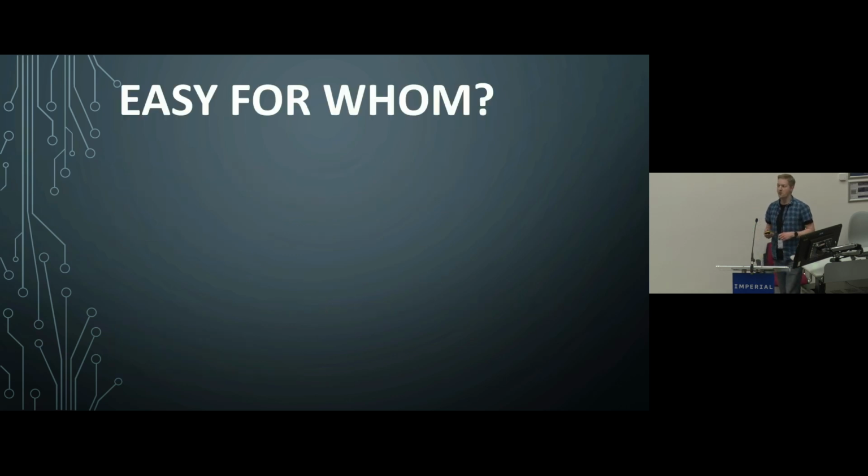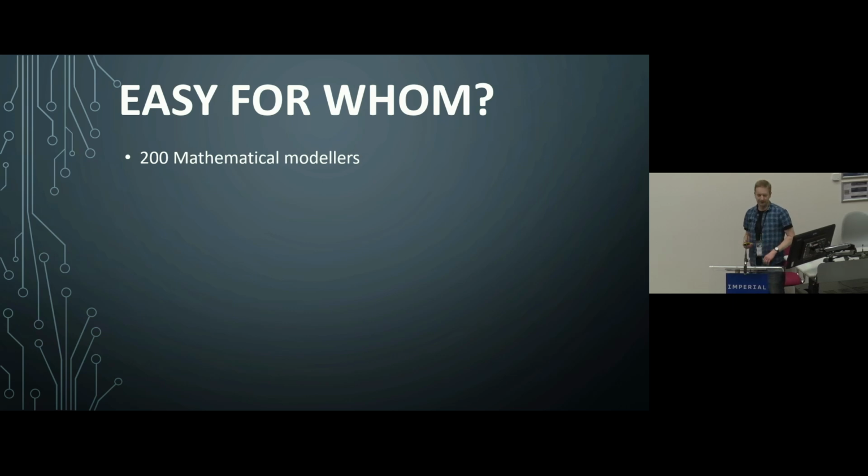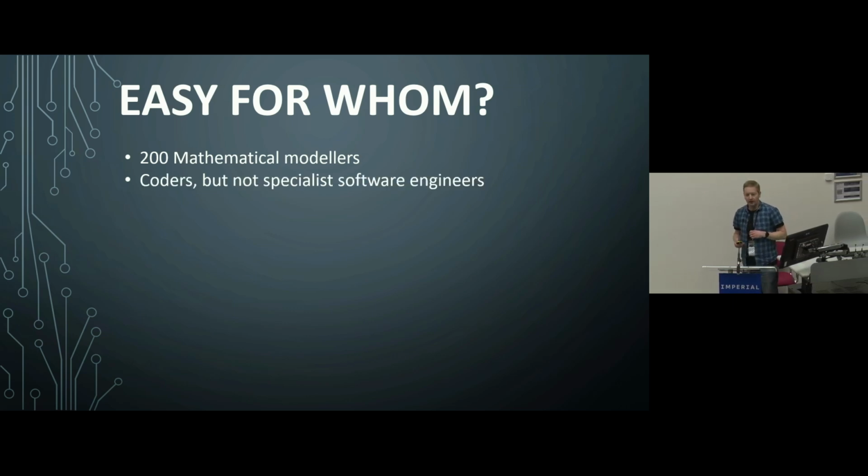So easy for whom? 200 mathematical modelers in the School of Public Health, more or less. They're all coders, so they're all computational modelers, but very few have any specialist software engineering training. So you can imagine the kind of code that they're used to working with. There might be a lot of it, but how it is written, whether it is reusable, whether it is performant, are questions that are not their passion.